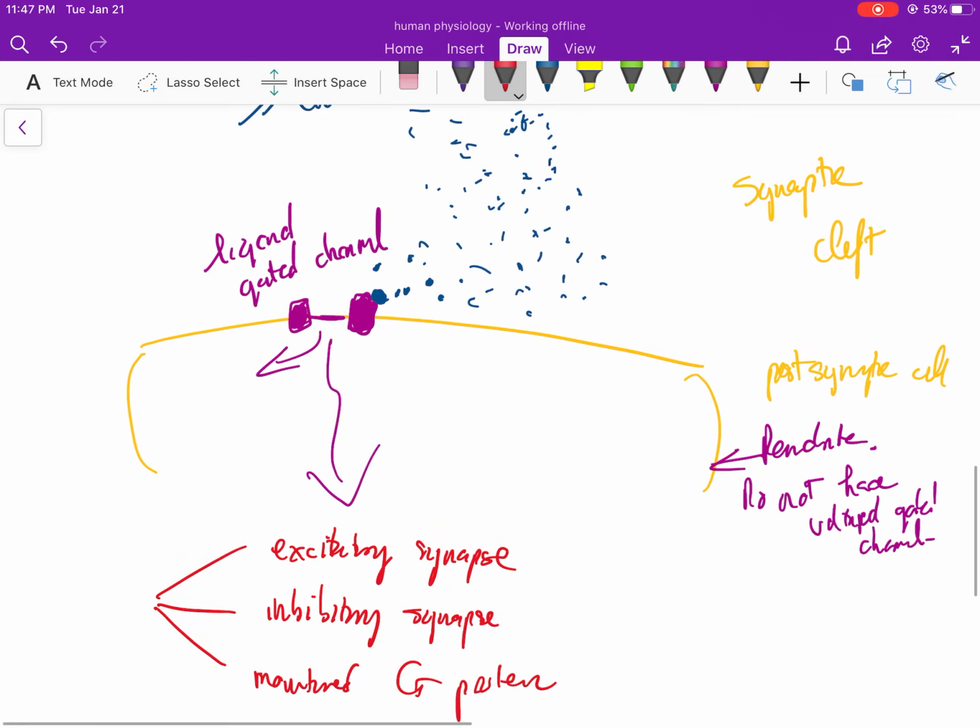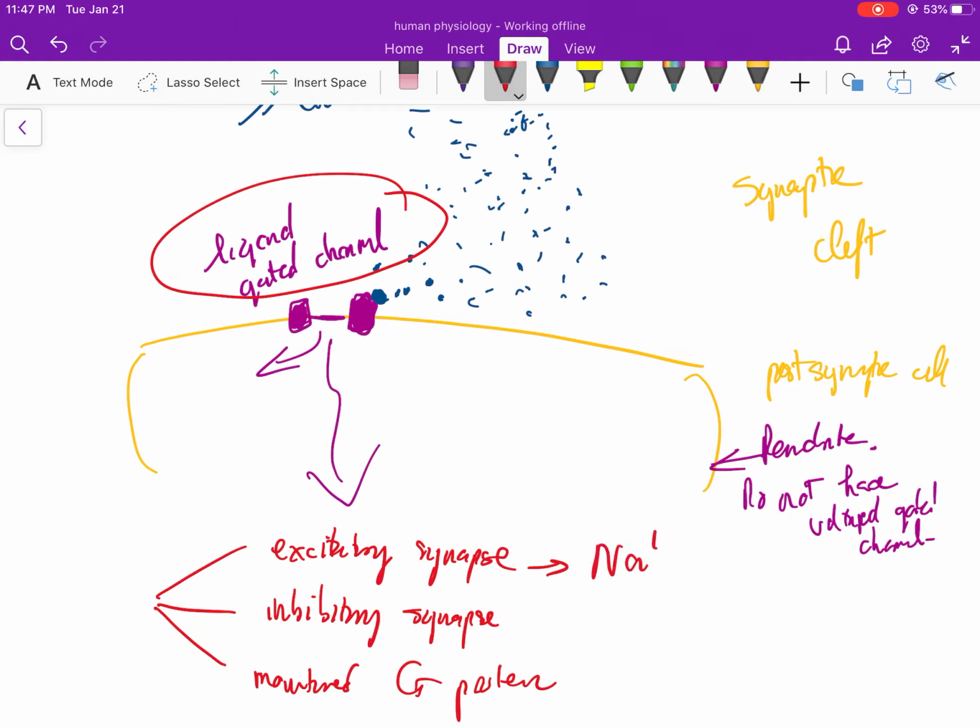So in the excitatory synapse, this ligand gated channel will actually be the ligand gated channel of sodium. So when sodium rushes in, it will cause depolarization. And when we have depolarization, it excites and causes an action potential.